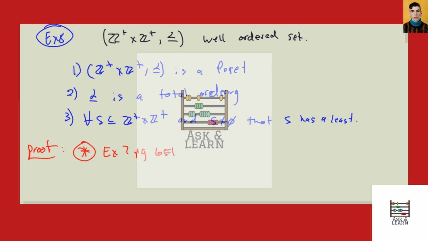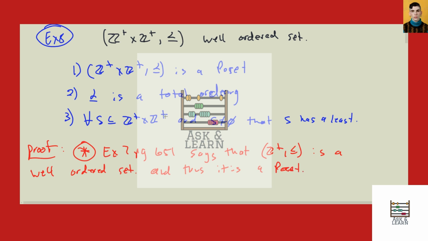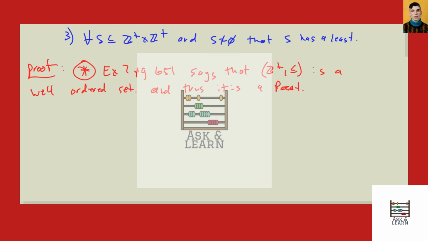So this says that Z plus with the standard ordering is a well-ordered set. And thus it is a poset. Okay, so we have that statement there.